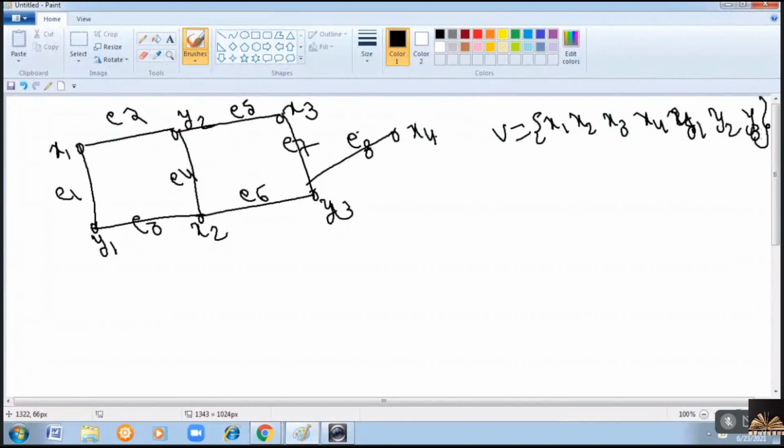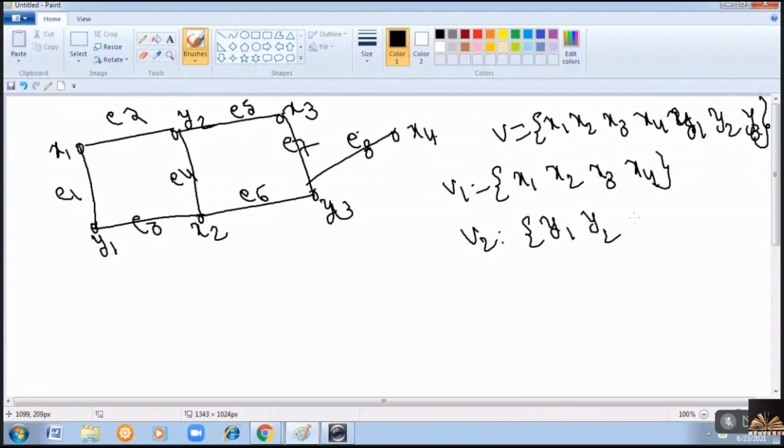If you divide this set of vertices into 2 groups and draw the edges, then each edge should have one end in the first group, V1, and one end in the second group, V2, right?